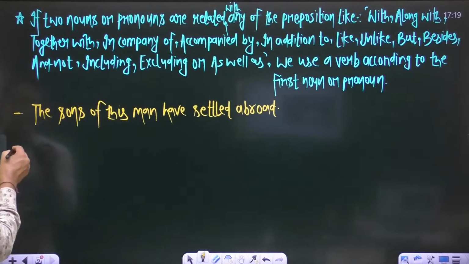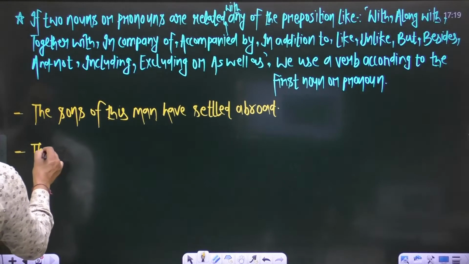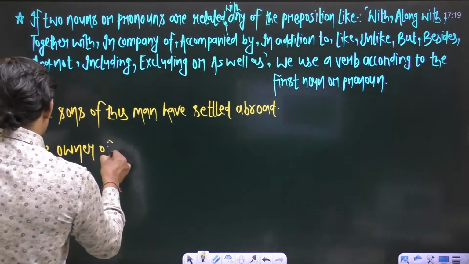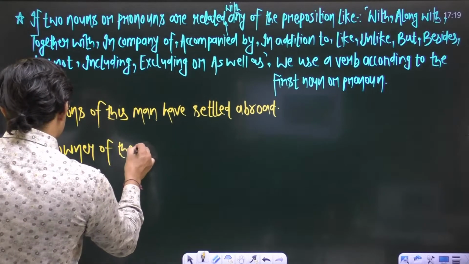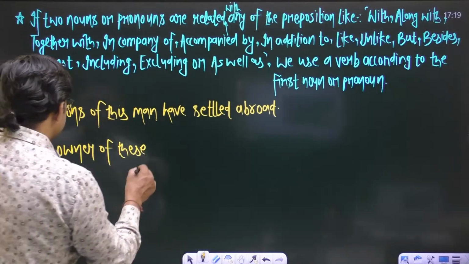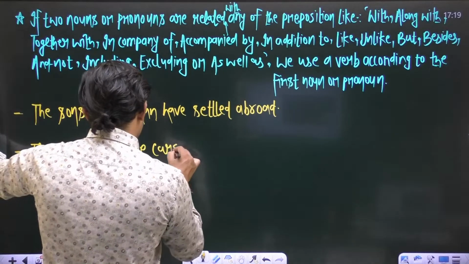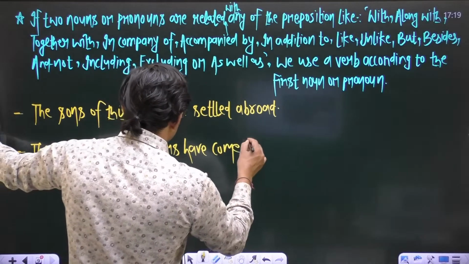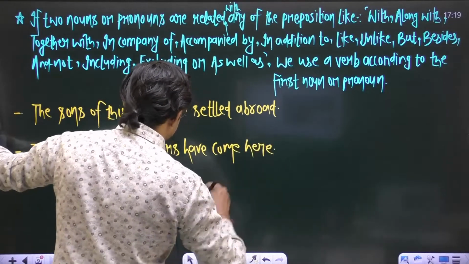First sentence. Another one is: the owner of these cars have come here. The owner of these cars have come here.